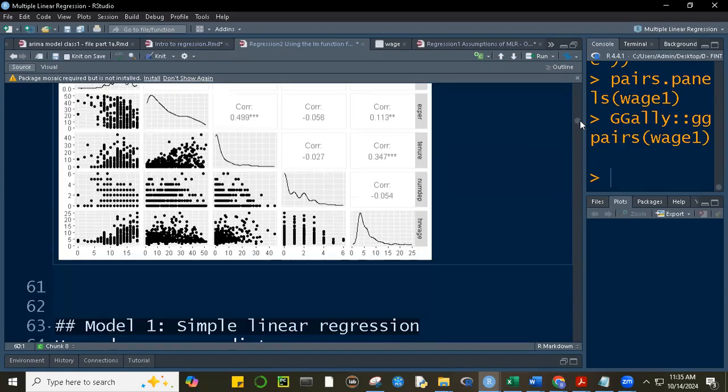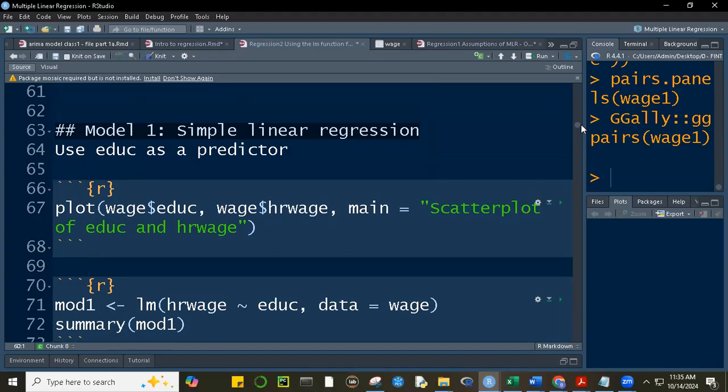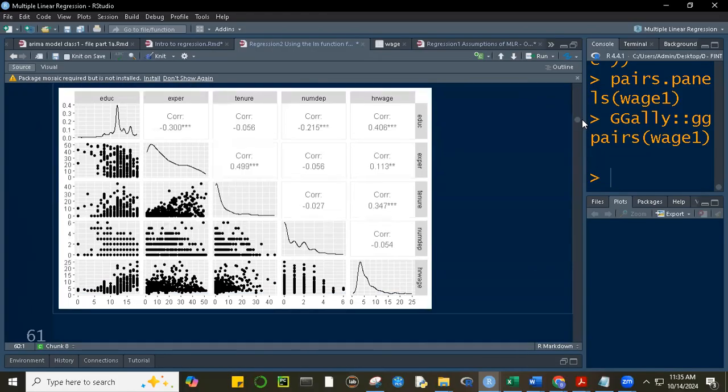Okay, so let's plot again, although we have already a plot. Ito yung scatter plot ni education at saka ni hourly wage. Okay, asan yung scatter plot nila? Education, hourly wage, this one class. This one is a scatter plot.